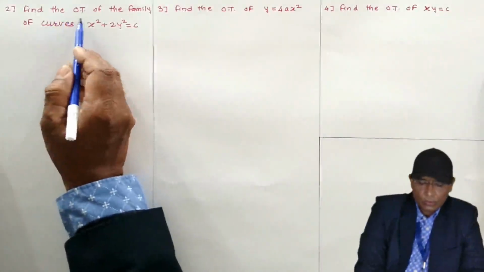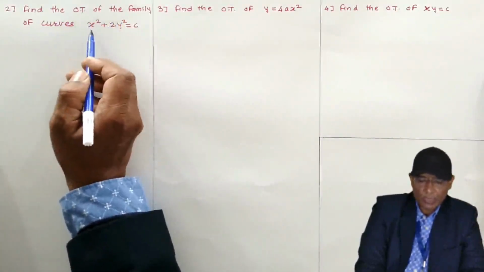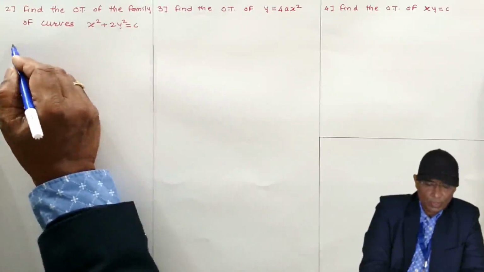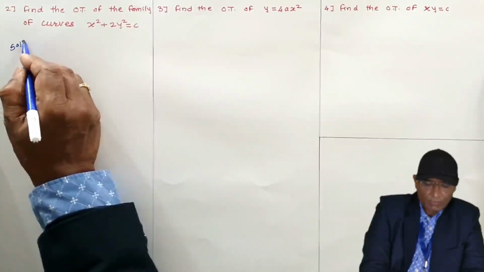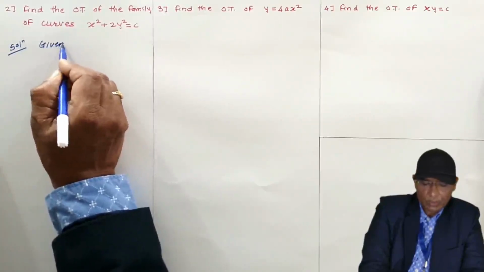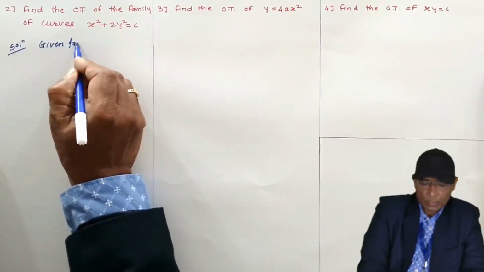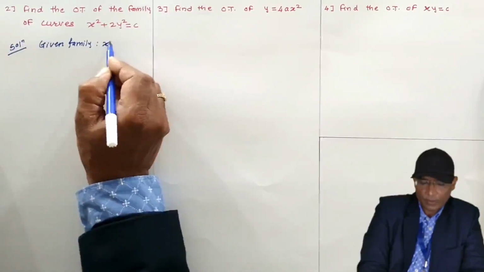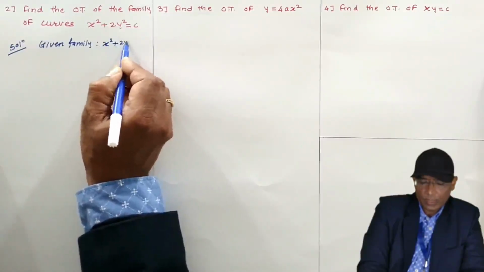Find the orthogonal trajectory of the family of curves x square plus 2y square equal to c. c is an arbitrary constant. Now, what is the given family of curves? Okay, the given family of curves: x square plus 2y square equal to c.